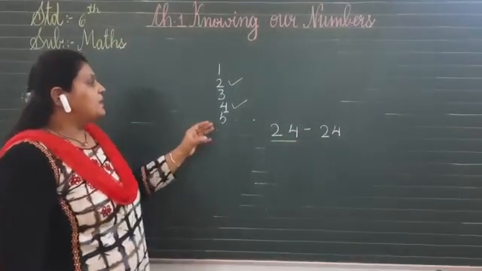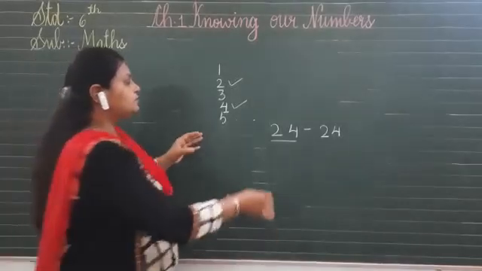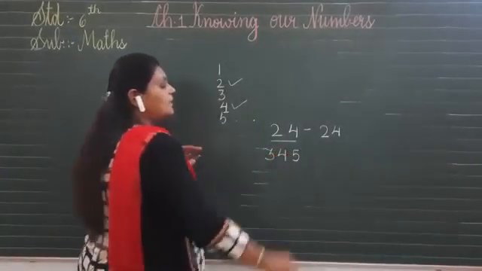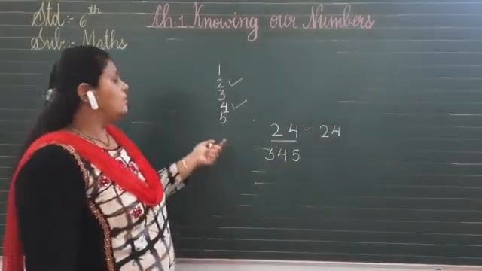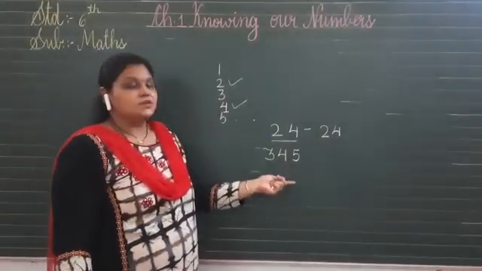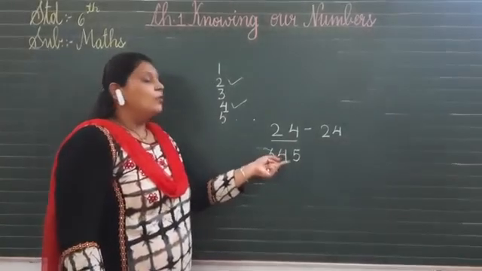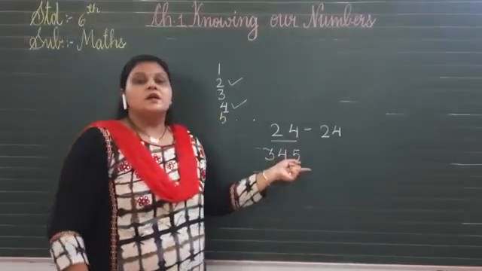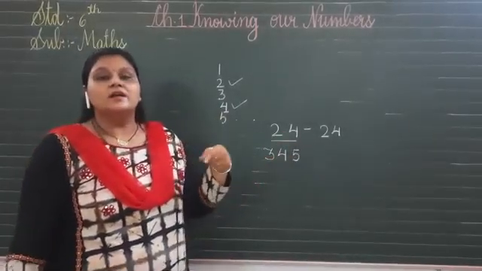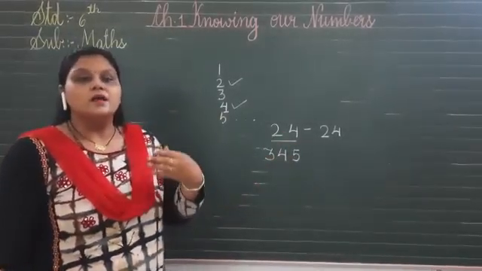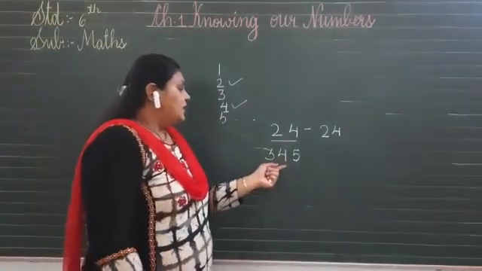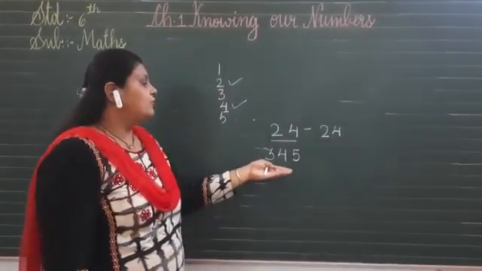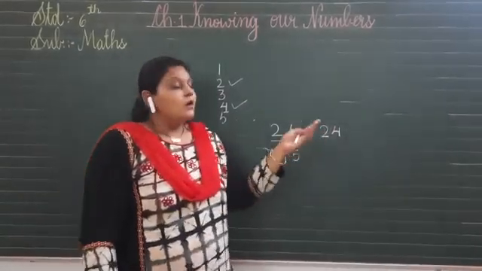Now, for example, I want to write a number of more digits. Then I have to take more than 2 digits. That is 3, 4, 5. Here I have taken 3 digits to make a greater, bigger number. So 3 digits combine and it becomes 345.